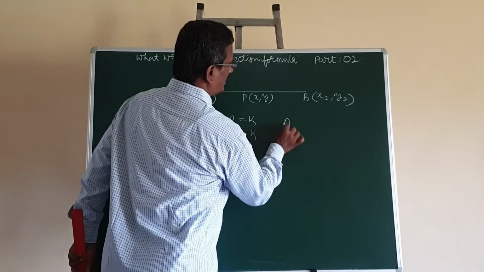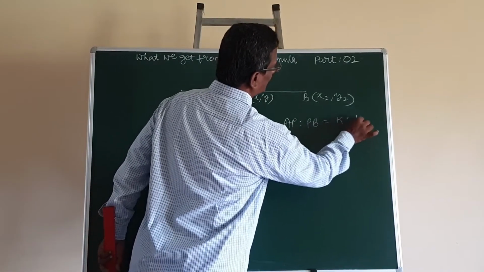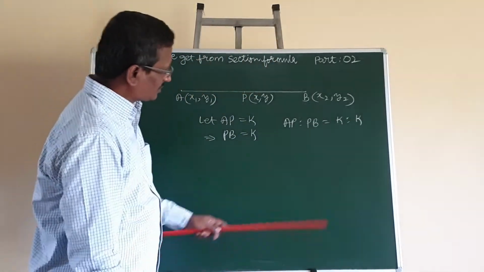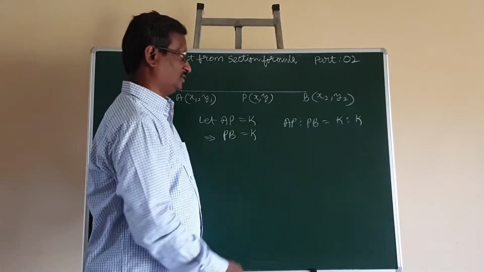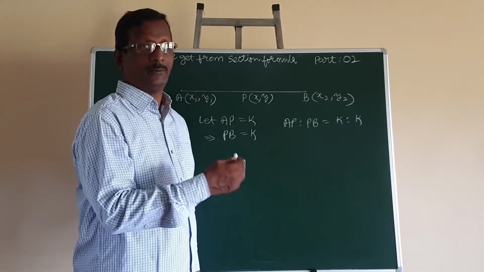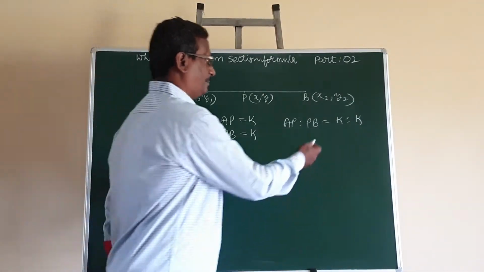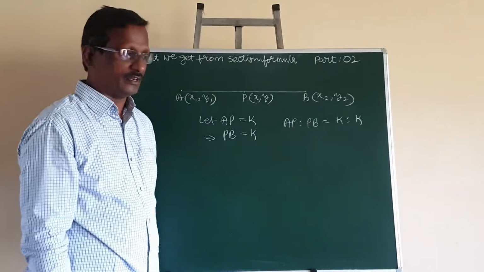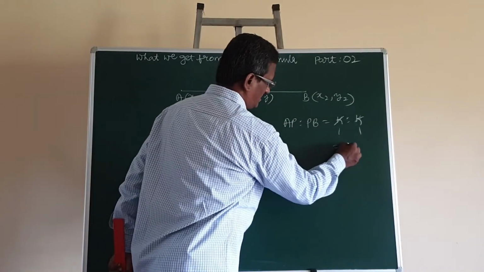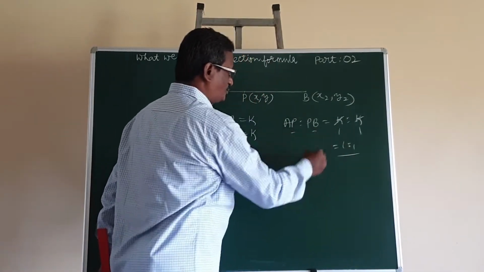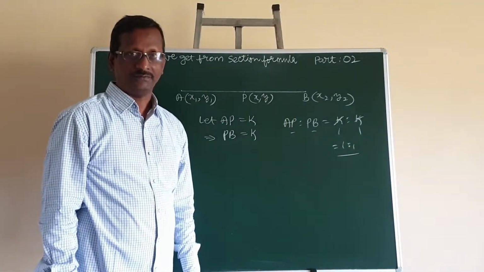Now, to find the ratio, AP is to PB is equal to k is to k. The two terms of the ratio can be multiplied if necessary to write the terms of the ratio in the form of integers. If necessary, we can cancel the common factors, or we can divide both the terms of the ratio by any real number. On cancelling k, this is 1:1. AP is to PB is equal to 1:1 if P is the midpoint of AB.